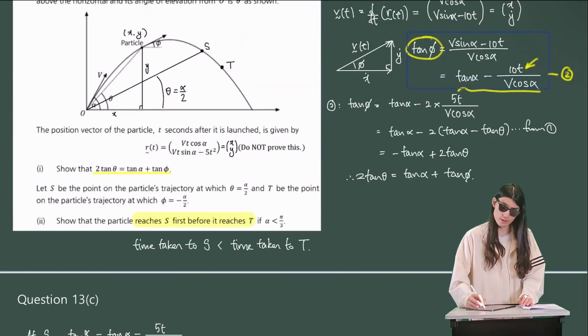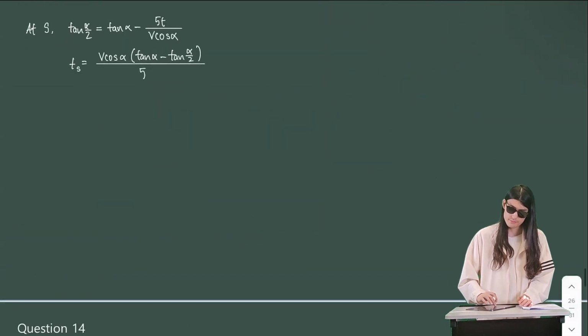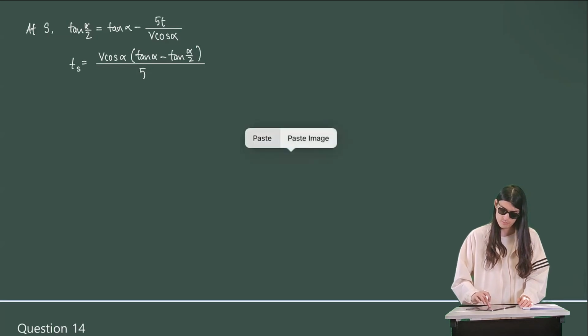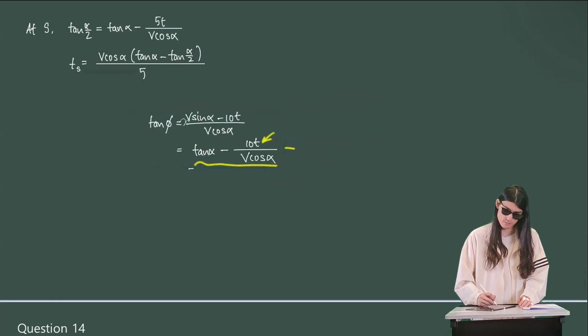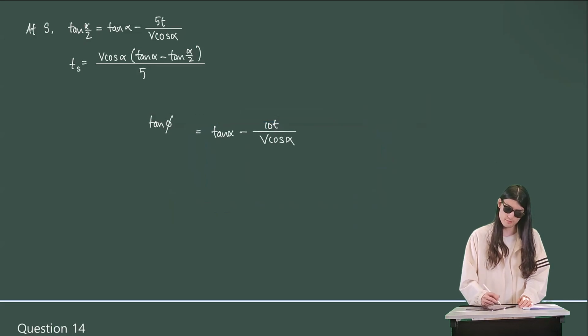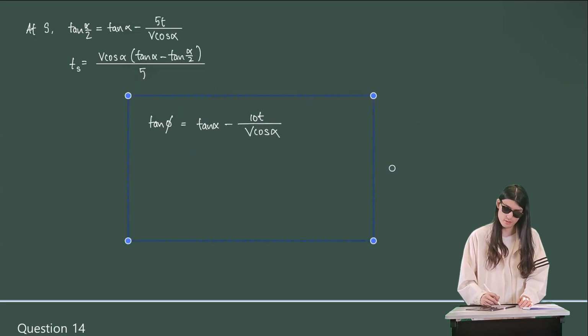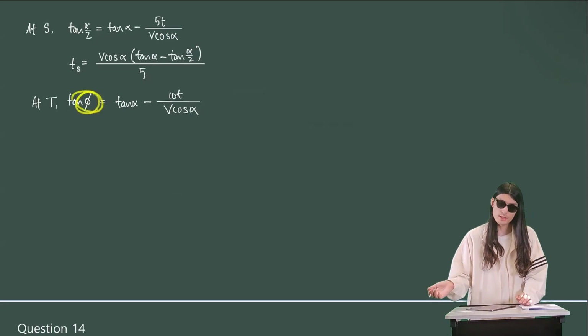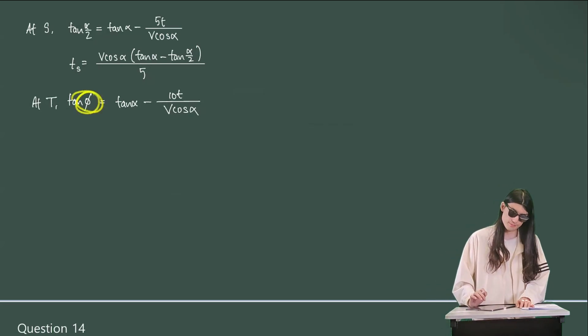Okay. Similarly, guys, I can use equation number 2 that I have over here. So again, I'll just copy that and use that to calculate the time that it takes to reach point T. So again, I will just borrow this and use the fact that at point T, this phi is equal to negative alpha on 2.